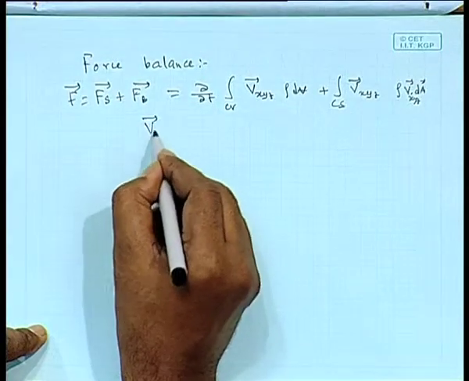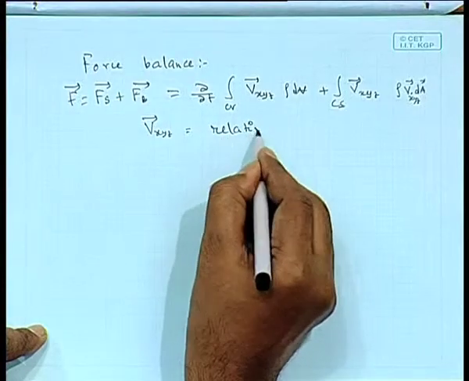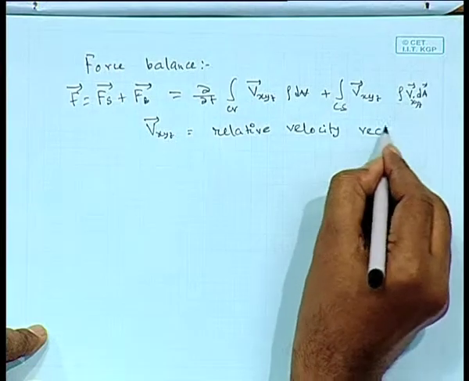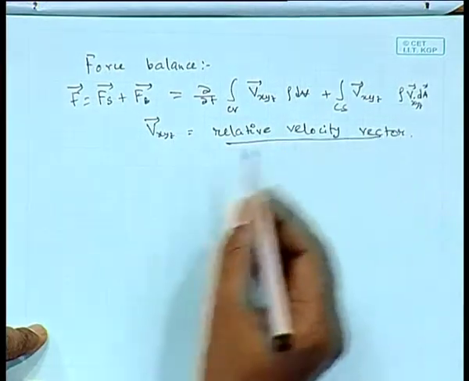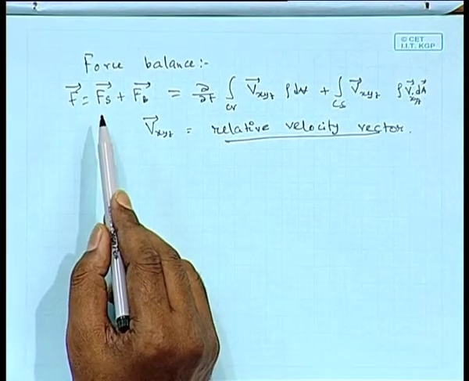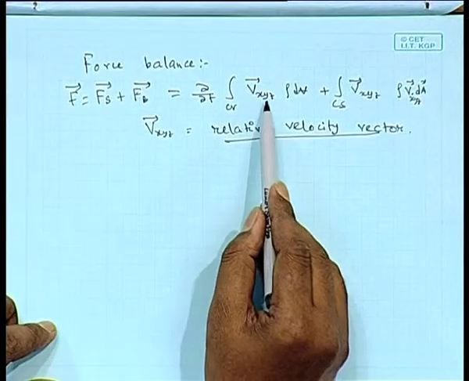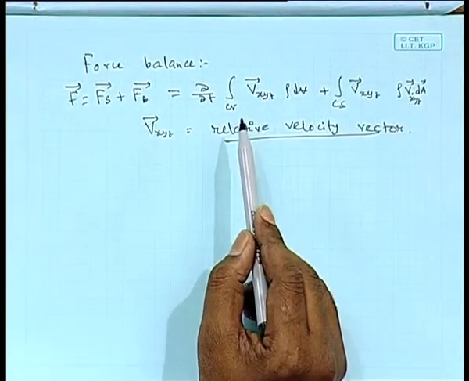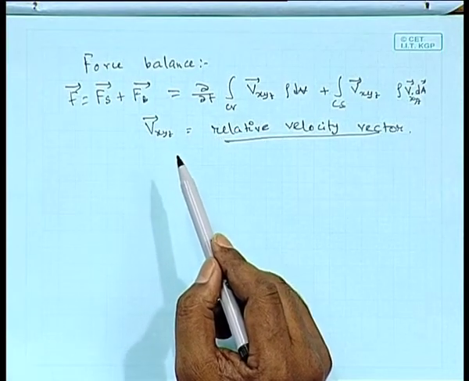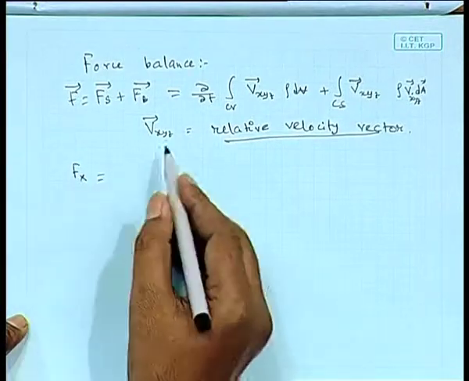Now, V_xyz is nothing but the relative velocity vector. You can break down this vector equation into the three directions, Fx, Fy and Fz. Only this V_xyz will be replaced by the relative velocity component in the x direction, the y direction and the z direction. I will be just writing one or two equations.